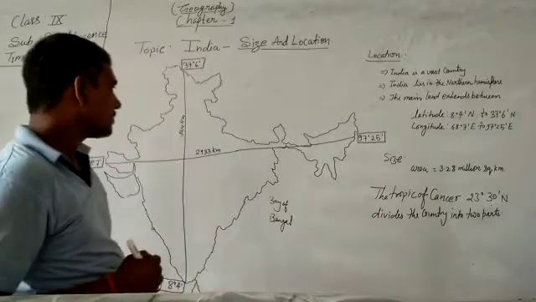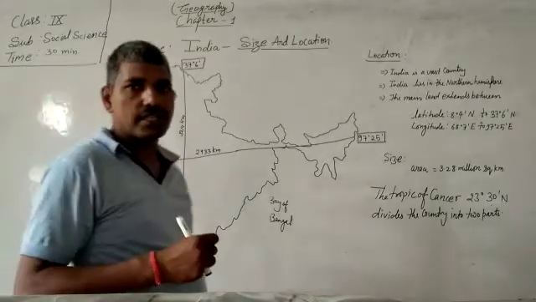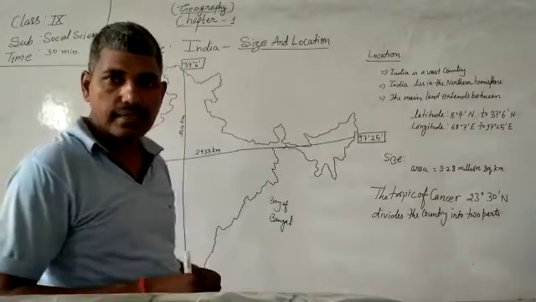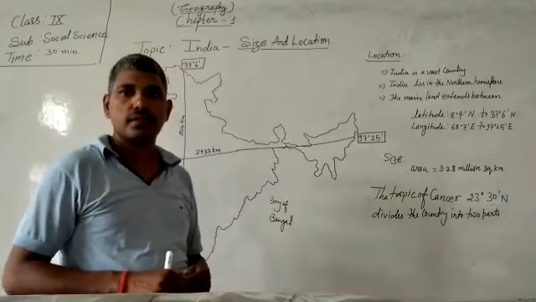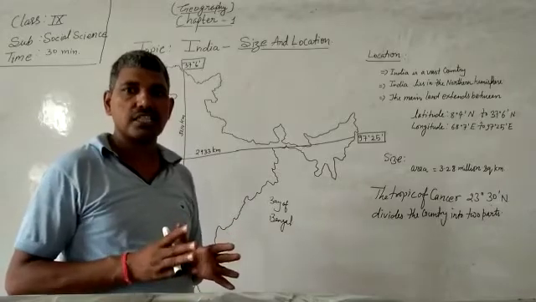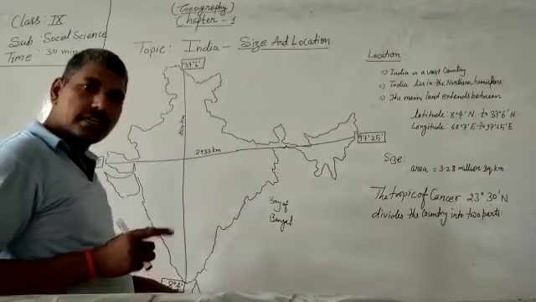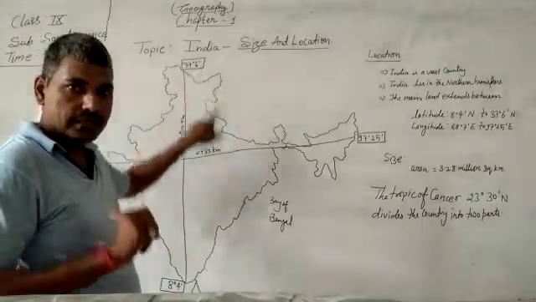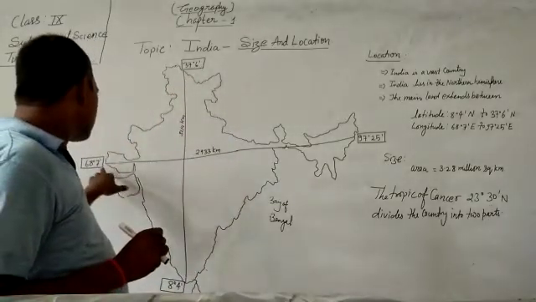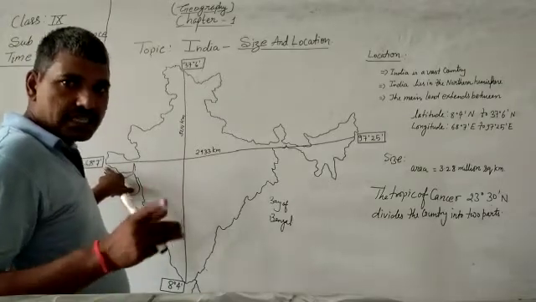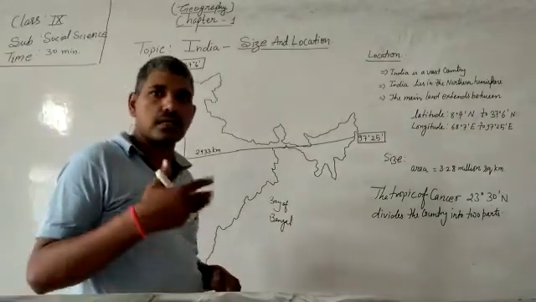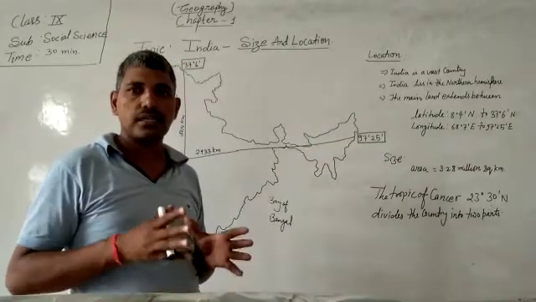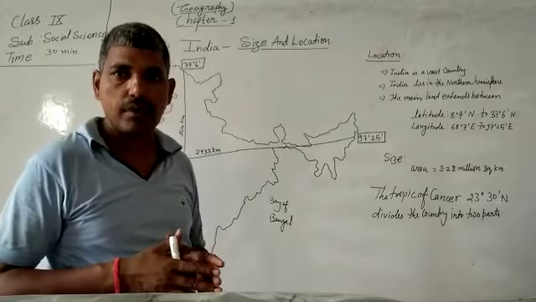India is a vast country and lies entirely in the northern hemisphere, and the mainland extends between 8 degree 4 minute northern to 37 degree 6 minute northern, and the longitudes 68 degree 7 minute eastern to 97 degree 25 minute eastern. These are the extensions of the mainland of our country India.